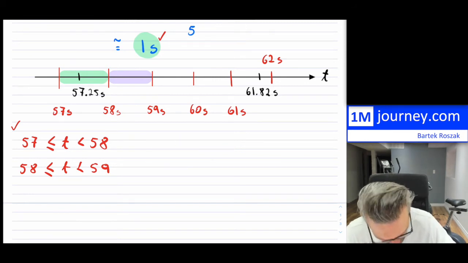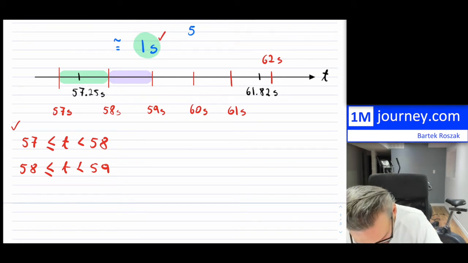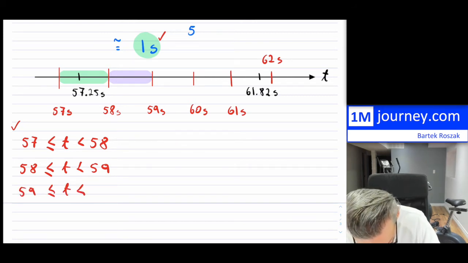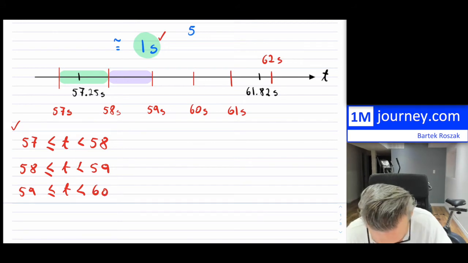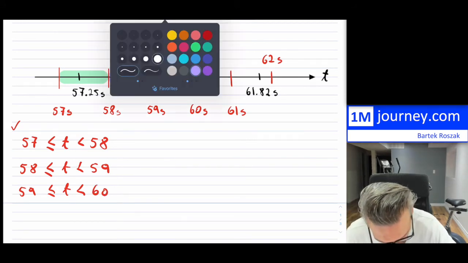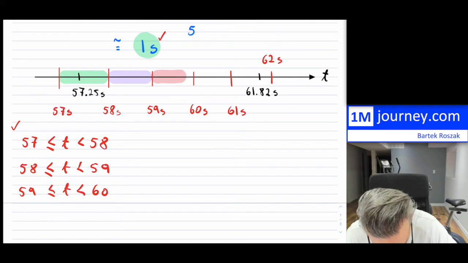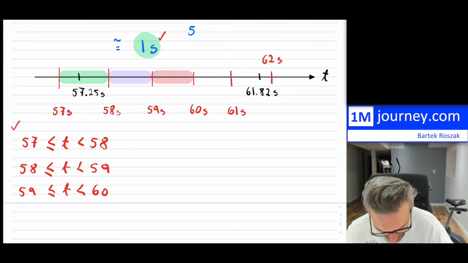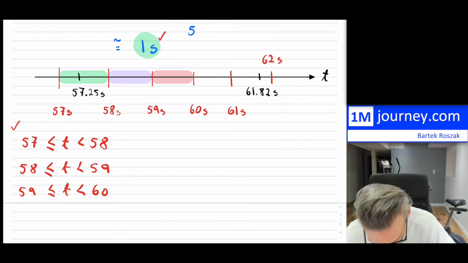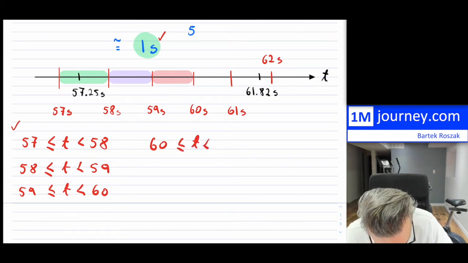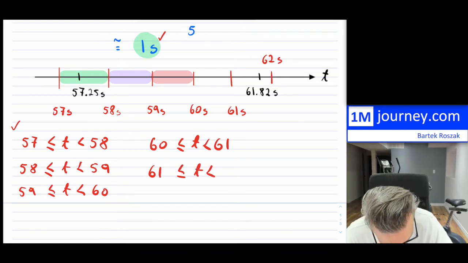I'm going to erase this here. Then maybe your third one is going to be 59 to 60. That's going to be this range right here, and those are all the times within there. And then you have 60 to 61 and 61 to 62.